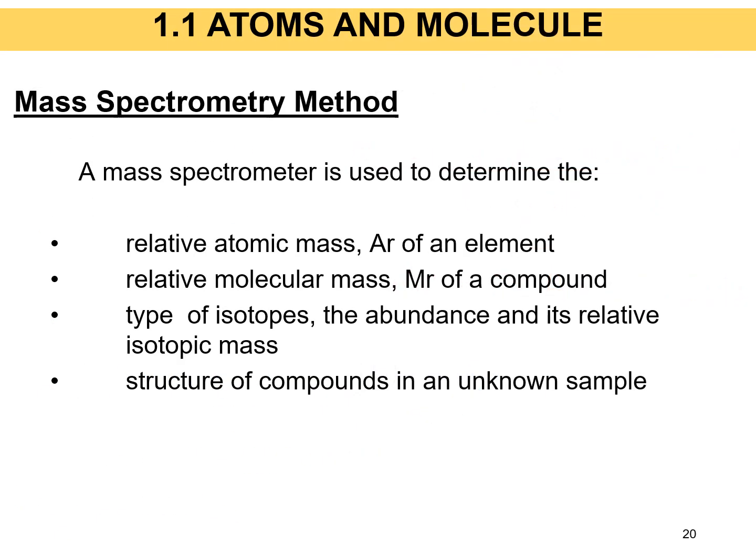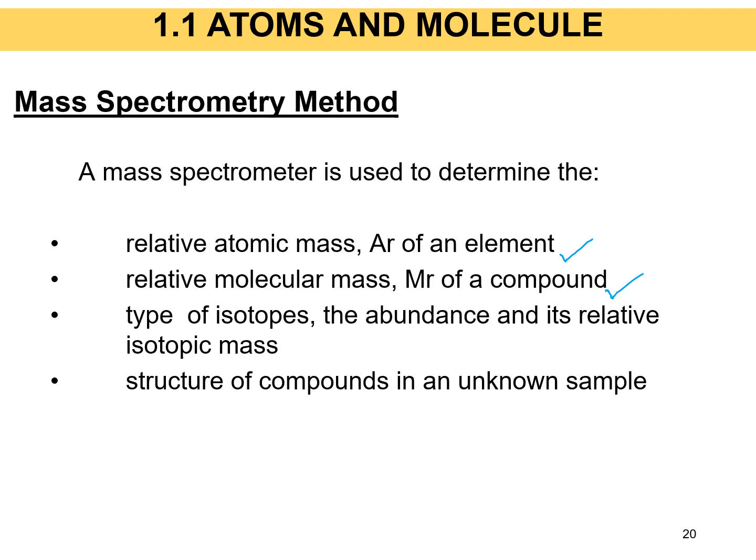Okay, mass spectrometry method. So basically, kenapa kita guna mass spectrometer? Kita guna mass spectrometer sebab kita nak tahu the relative atomic mass of an element, which we have discussed the formula tadi. And also we want to determine the relative molecular mass of a compound, which we have discussed the formula and the example just now as well.